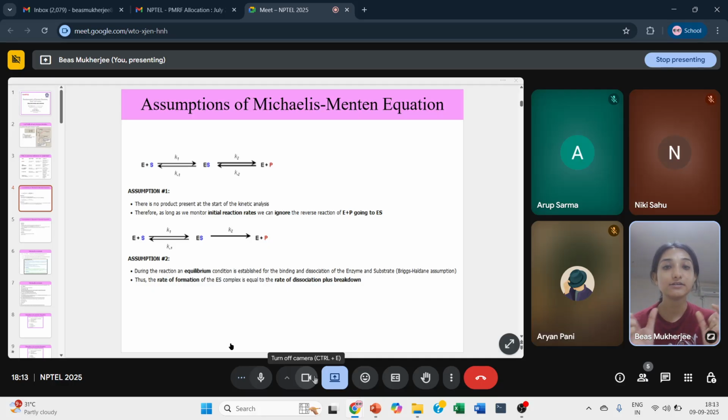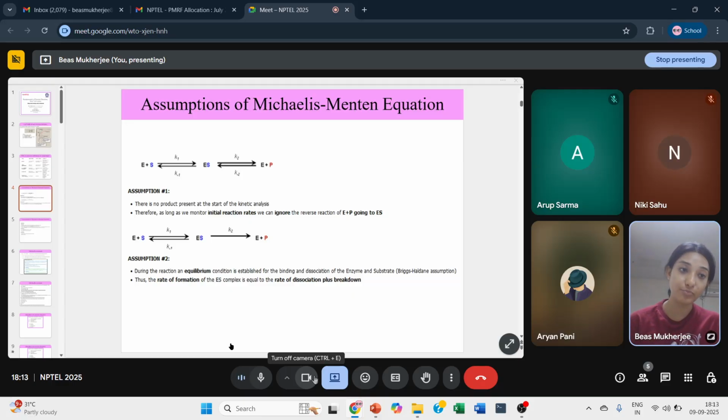Okay, and you saw in the previous equation that the Michaelis constant depends upon these reaction rates K1, K2 and K minus 1.